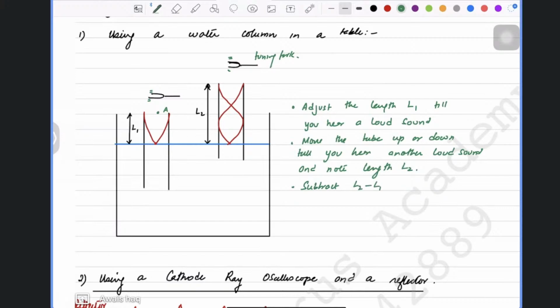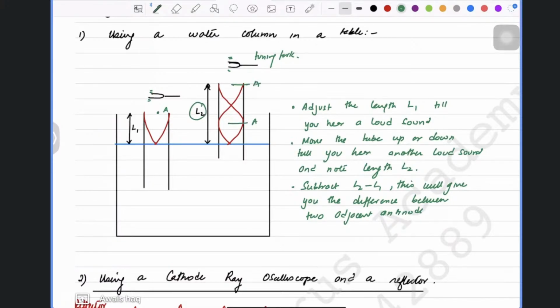Then what you're going to do is you're going to subtract L2 minus L1, and this will give you the difference between two adjacent antinodes. Because when you moved it, like you moved it up, there was an antinode formed initially and the new antinode would form.